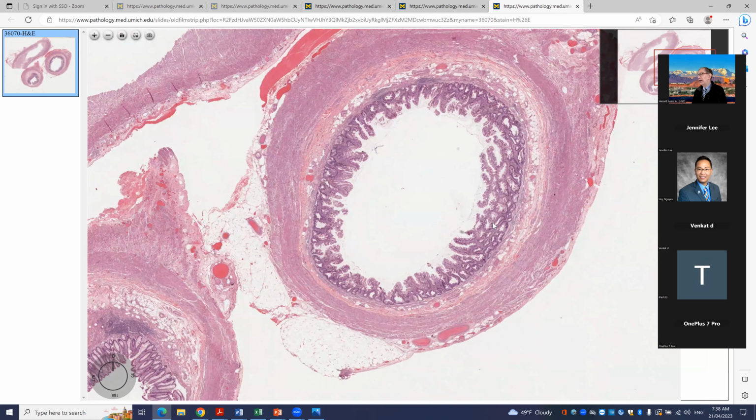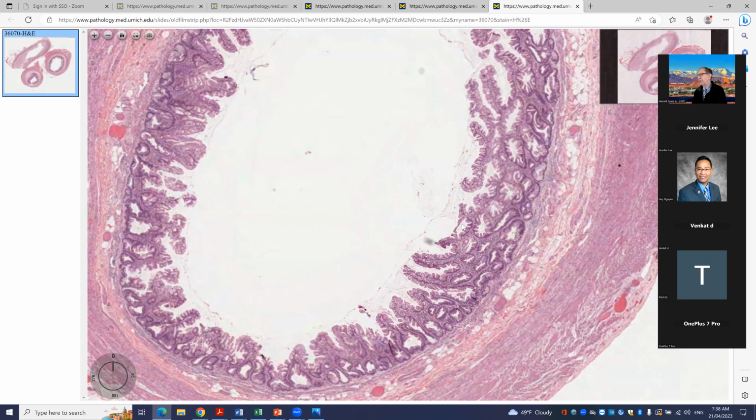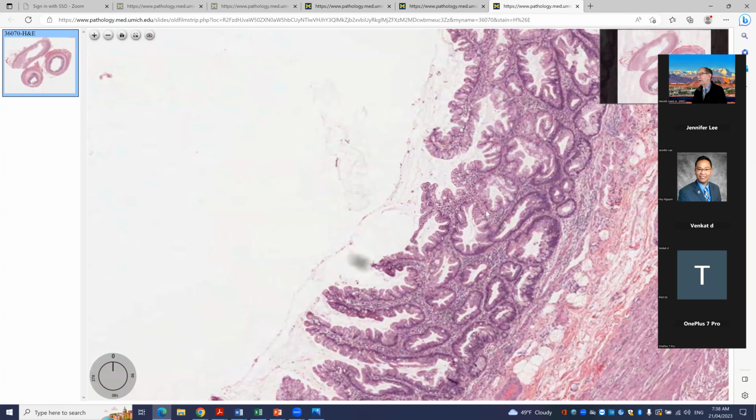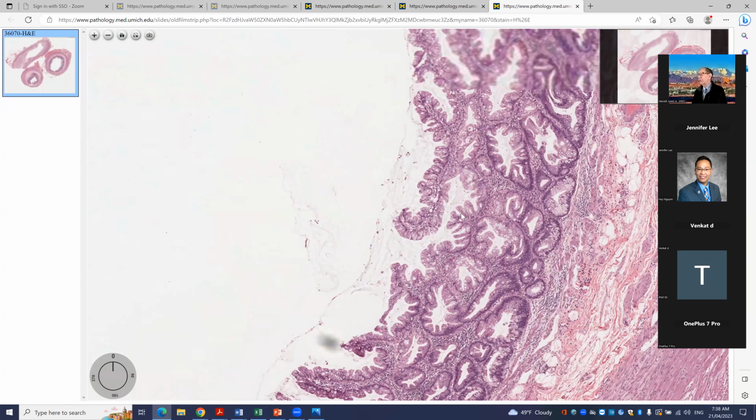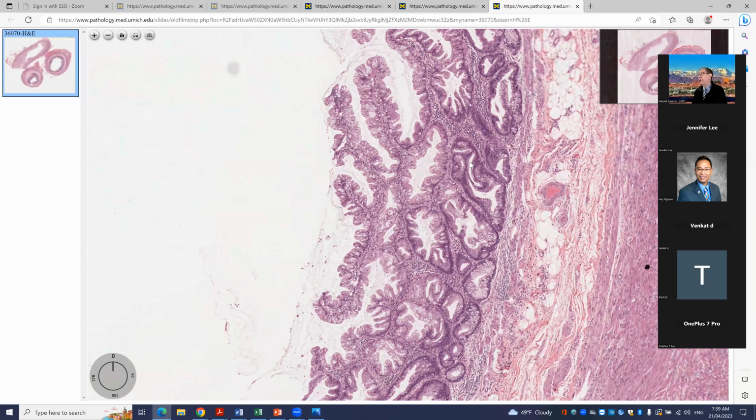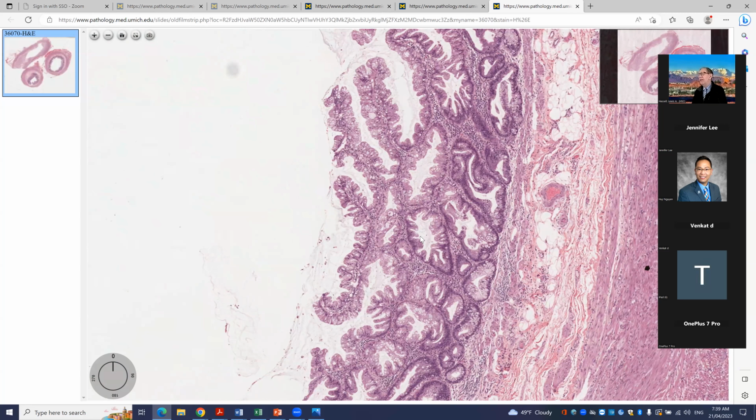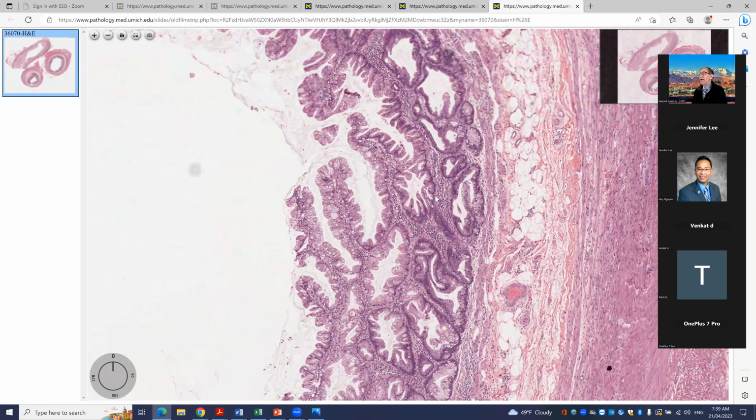And then as you look at the epithelium here, you see the very characteristic serrated pattern of the epithelium, tufting upwards, even a little bit of villus formation in some areas. This also shows the sort of deep glandular dilatation and lateral growth of these lesions. This is very recognizable as a serrated adenoma.